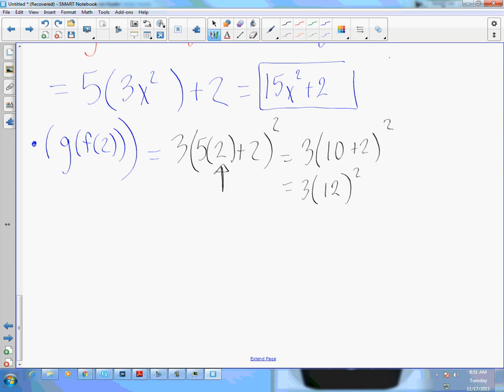And we have to square, and the last step is multiply. So we get 3 times 144, and I don't know what 3 times 144 is. What is it? 432. Thank you. Okay, so when there's a number replacing the x, the last step is you need to insert that number, so it's an extra step.